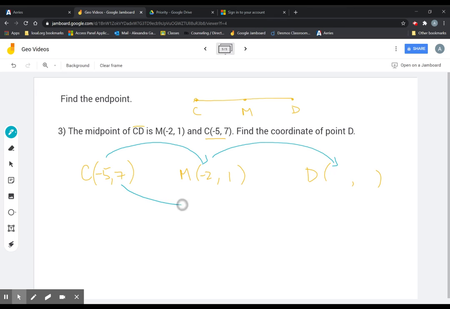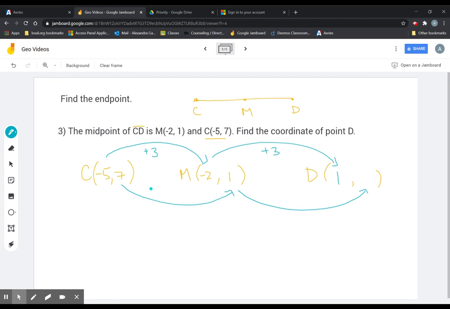So I got to find the distance I'm traveling here. From -5 to -2, what I did was add 3. So I'm going to have to travel the same distance from my middle to get to this. So I add 3. And so -2 plus 3 will give me a +1.